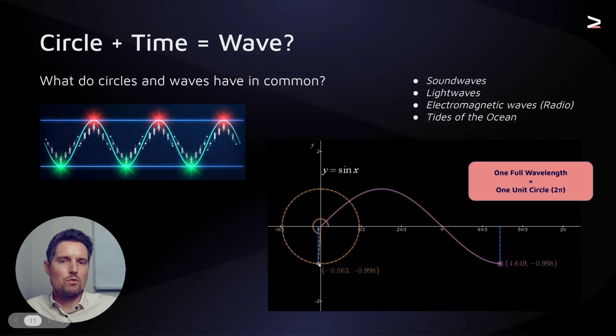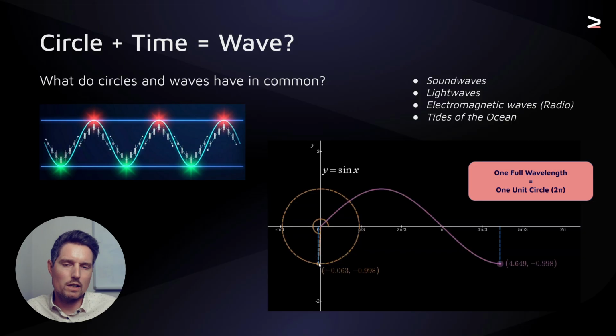Just to jumpstart your brain, I figured I'd put in an interesting slide, just some candles. We're looking at this horizontal channel. And just as a question to ponder: what do circles and waves have in common? Some of us, maybe all of us, learned this in school.